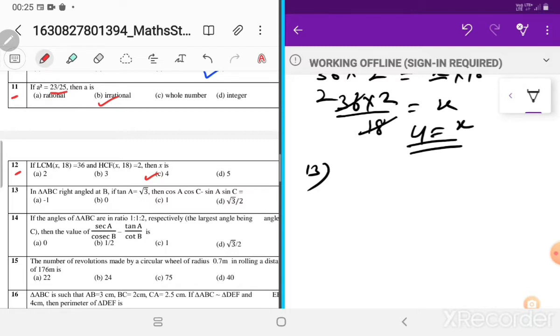So here triangle ABC is given, right angled at B. Whenever we solve trigonometric identities, trigonometric ratios or any trigonometry question, we have to draw a right angle triangle, that we know. So here is point A, and here is point C, because we already took point B here, right angled. Now what is given? tan A is given, that is root 3.